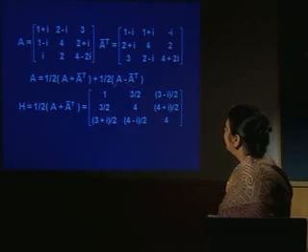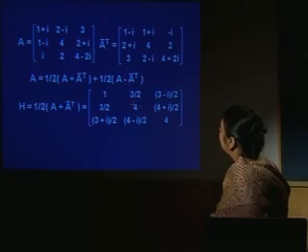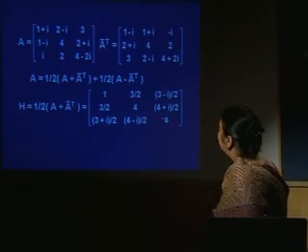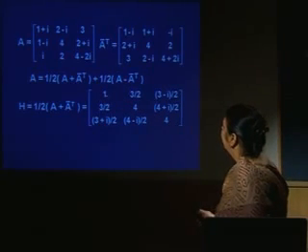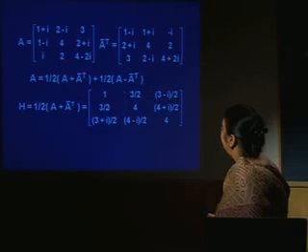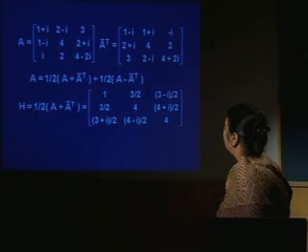Now, in this matrix, you may notice that this is symmetric and these are the conjugate. This and this are same. 3 plus I by 2 is here 3 minus I by 2. I have taken the conjugate and then transpose. Then 4 minus I by 2, here I have 4 plus I by 2. So, this matrix is Hermitian.